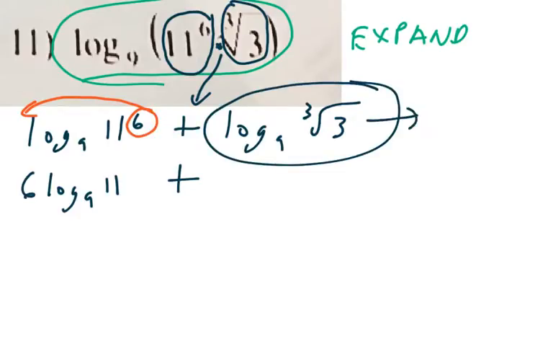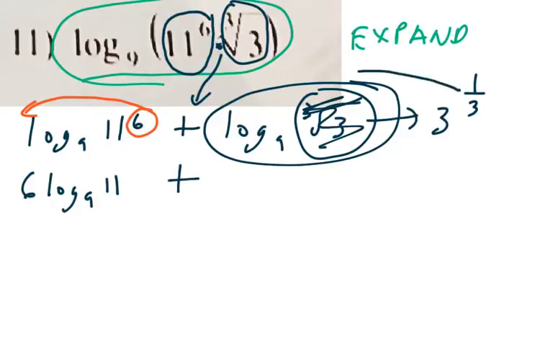Well, you have to understand that a cube root is really a 1/3 power, just like a square root is a 1/2 power. So this 1/3 power, I'm going to scribble it out here, guys. I know that 1/3 can come in front, so I have 1/3 log base 9 of 3.